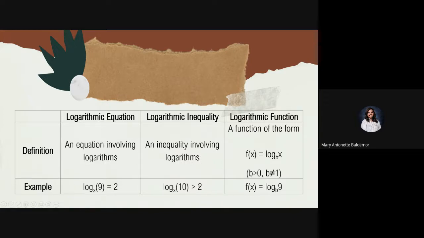The example here is the logarithm of 10 with base x greater than 2. And for logarithmic function, we have a function of the form f of x is equal to the logarithm of x with base b, wherein b should be greater than 0 and b should not be equal to 1. The example here is f of x is equal to the logarithm of 9 with base b.